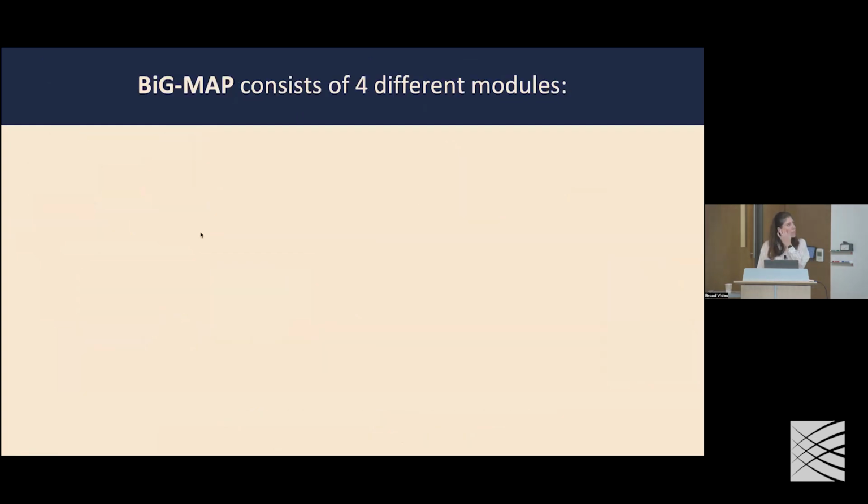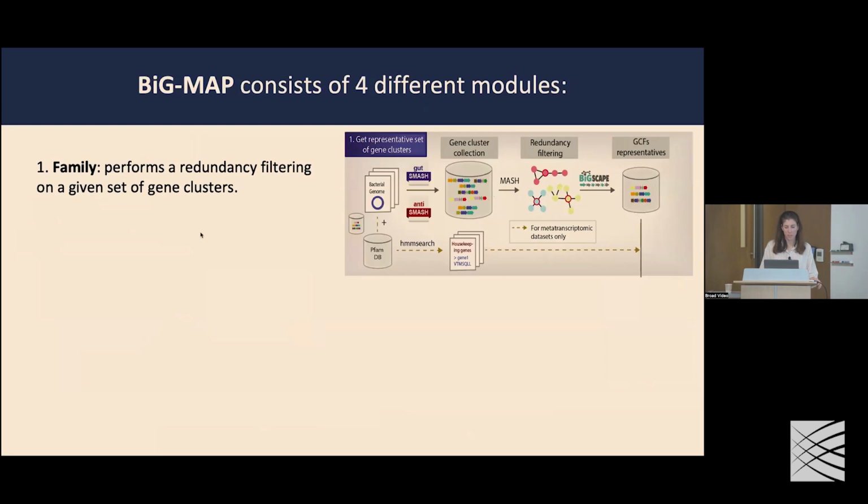And BigMap consists of 4 different modules. The first one is called the family module and performs a redundancy filtering on a given set of gene clusters. So we start from a gene cluster collection, and then we run a redundancy filtering using MASH. Then we take a representative using medoids calculation, and we cluster the representative gene clusters with BiG-SCAPE again to get the gene cluster families.